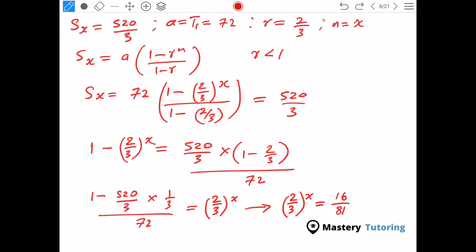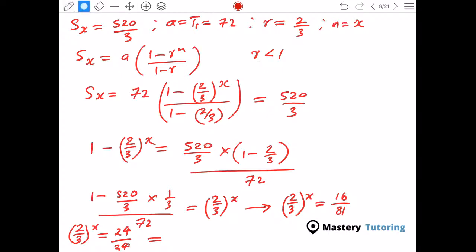So 2 over 3 to the power of x is equal to 16 over 81. I try to make sure that the values are the same. So this is 2 to the power of 4 over 81, which is the same as 3 to the power of 4.